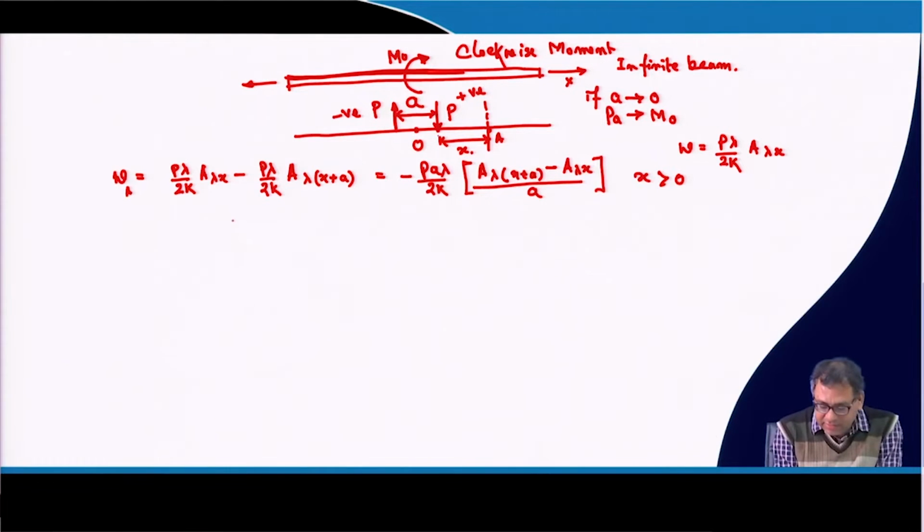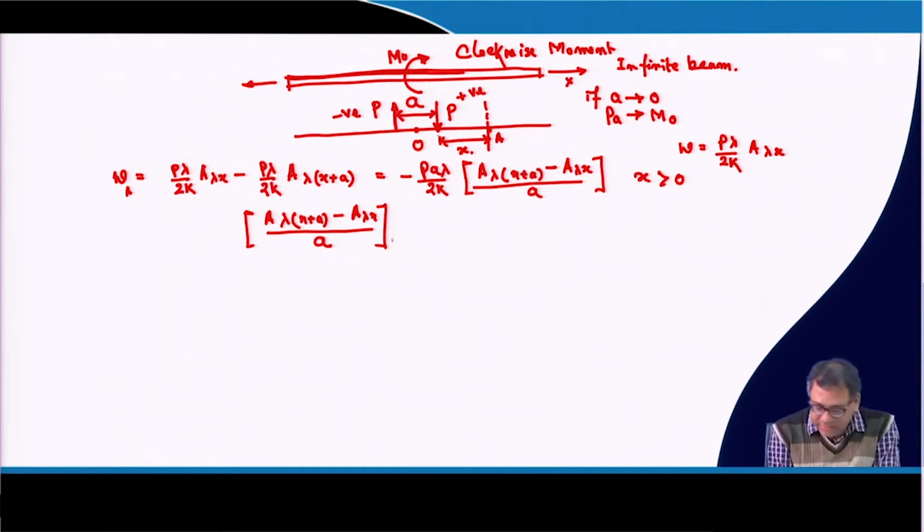Now I can write that for A lambda of x plus a minus A lambda x divided by a, if a tends to 0, this will be equal to d by dx of A lambda x.